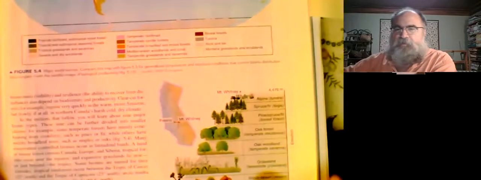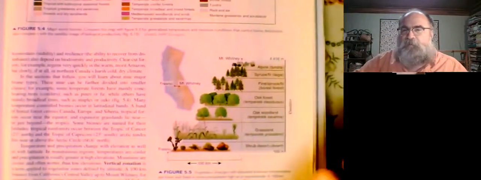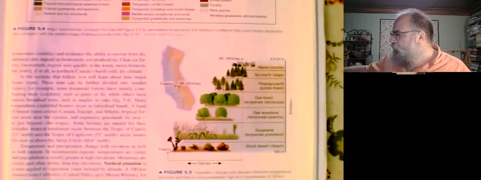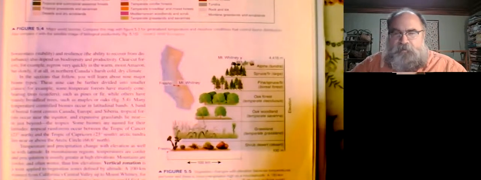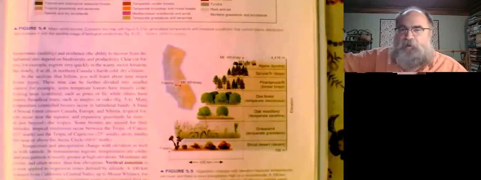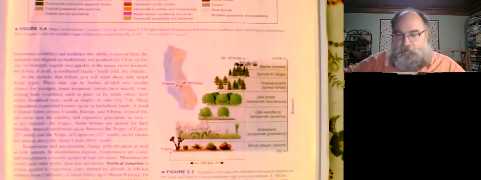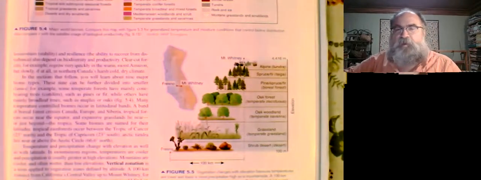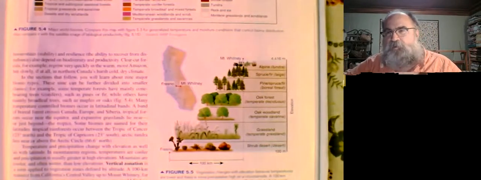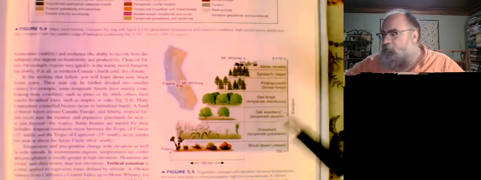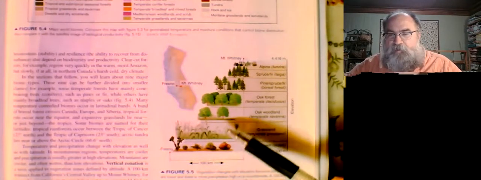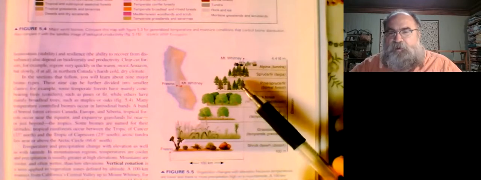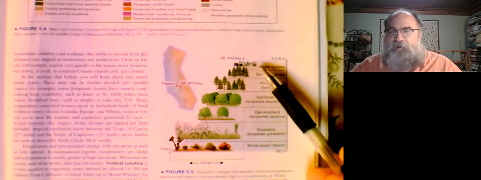Hopefully this is kind of kicking in, and we saw something like this before when we were looking at the scientist Merriam, who was one of the first people who had really examined the effect of altitude on vegetation and the biomes. And so we end up going through essentially a sequence of biomes.